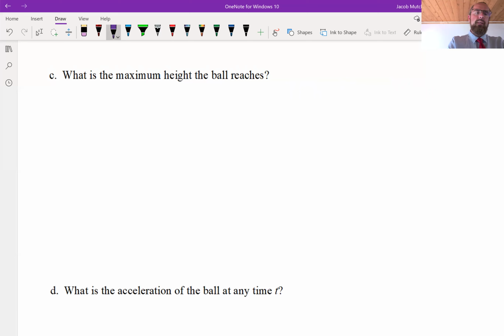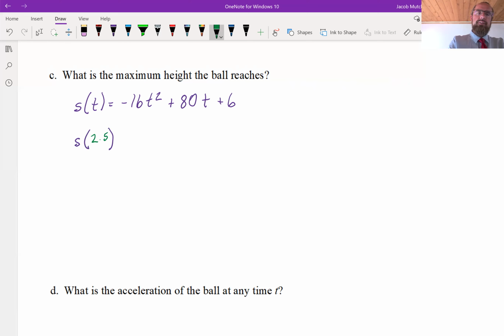So again, I'm going to put s of t. We'll put it in standard form. Negative 16t squared plus 80t plus 6. And what we're really interested in is what is the position after 2.5 seconds.